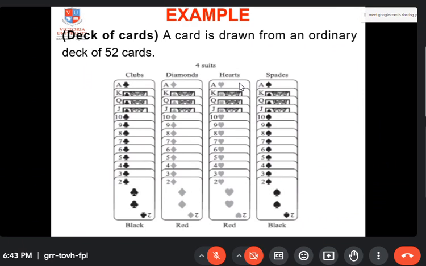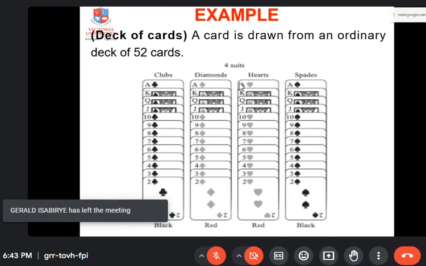Some cards, we call them the clubs or flowers, they are 13. Then diamonds, they are also 13. Hearts, they are also 13. Spades, they are also 13, which makes a total of 52 cards. Each suit is 13 cards.